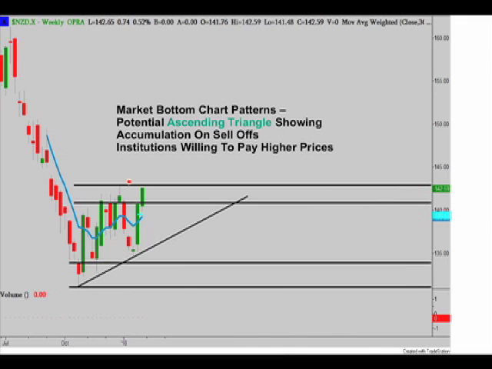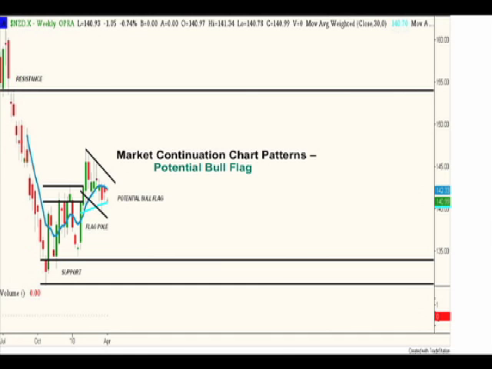So if I don't see an inverted head and shoulders, but I do see a market that is making higher lows on each one of the sell-offs and just about to break through this resistance, then I can say that this looks like a market that's been accumulated for a move higher. And the same market actually went a little bit higher and formed another continuation pattern called the potential bull flag.